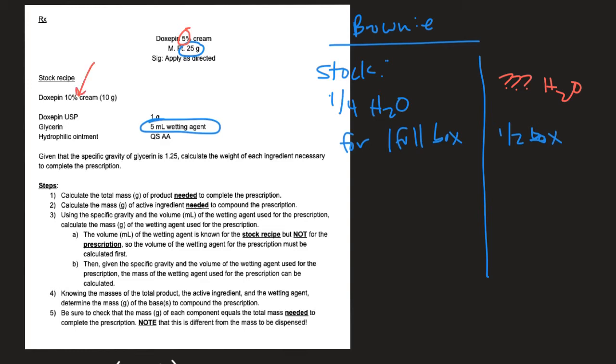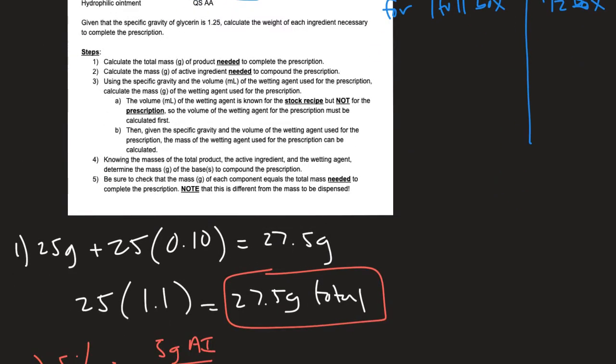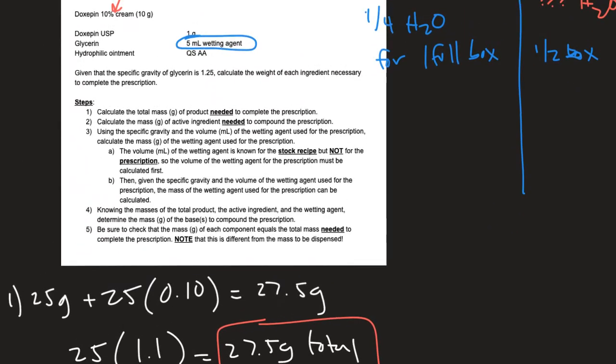So stock calls for 10% Doxepin. However, we're going to make 5% Doxepin. So how much are we going to use? To do that, we're going to base it on the active ingredient. As step 3 says, the volume of the wetting agent is known for the stock recipe, but not for the prescription.